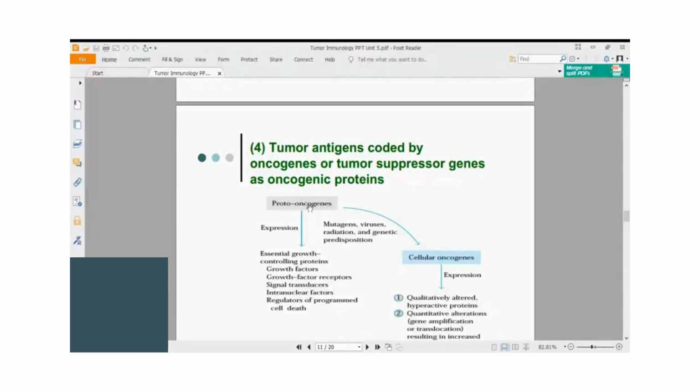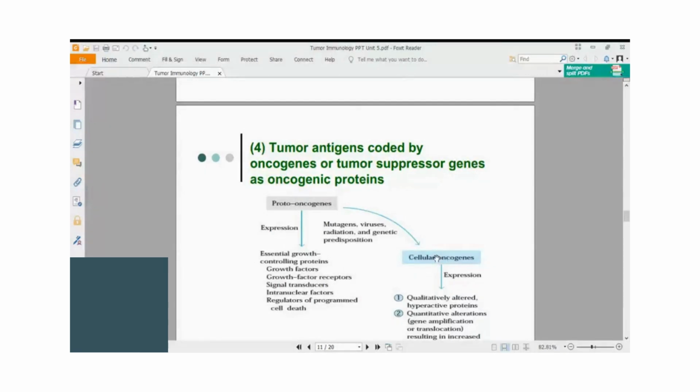And these normal genes, the proto-oncogenes, anytime can get mutated for various reasons, due to chemical carcinogenesis, viral carcinogenesis, radiation carcinogenesis, or due to chromosomal anomalies, chromosomal aberrations, and convert themselves from proto-oncogenes to cellular oncogenes.